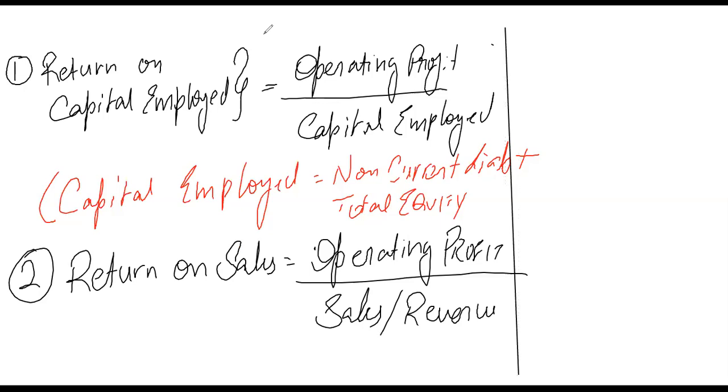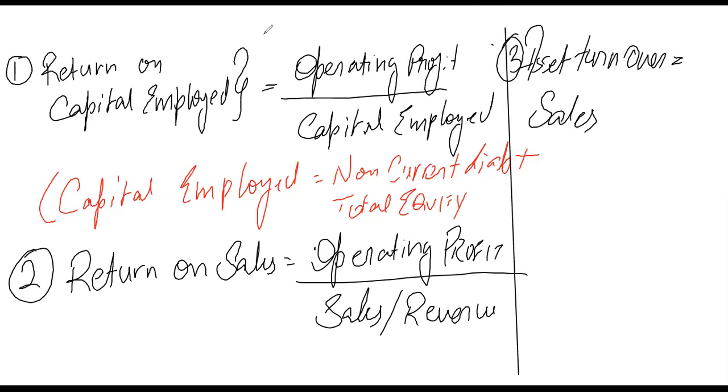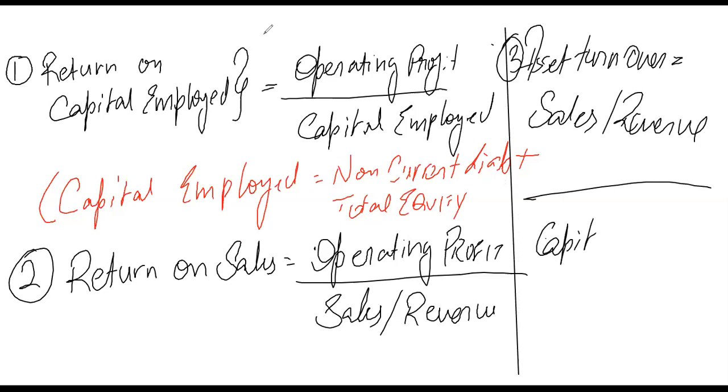The third formula that we'll talk about is the asset turnover, which may be calculated by sales or revenue divided by capital employed. Revenue shall be divided by capital employed.